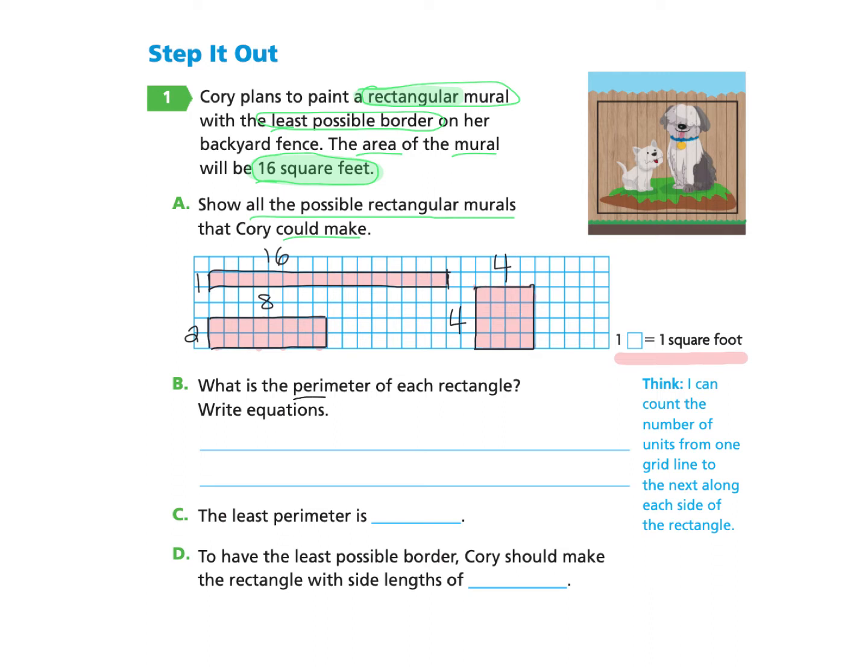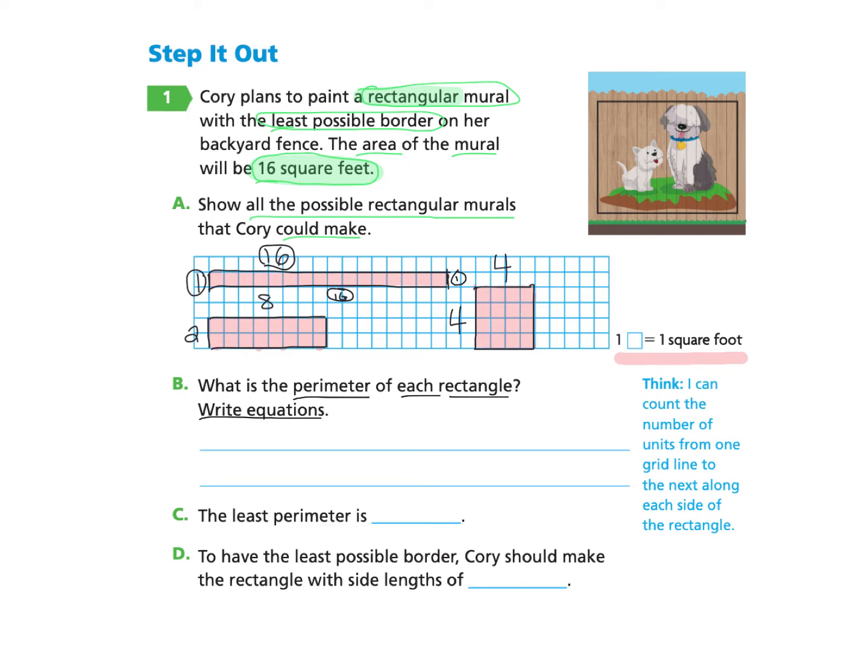What is the perimeter of each rectangle? Write equations. Well, we will start with the first one that we made, and we know that each side has an opposite equal length. So if there's 1 on this side, 1 will be on this side, and 16 is here, so 16 will be on the other side here.